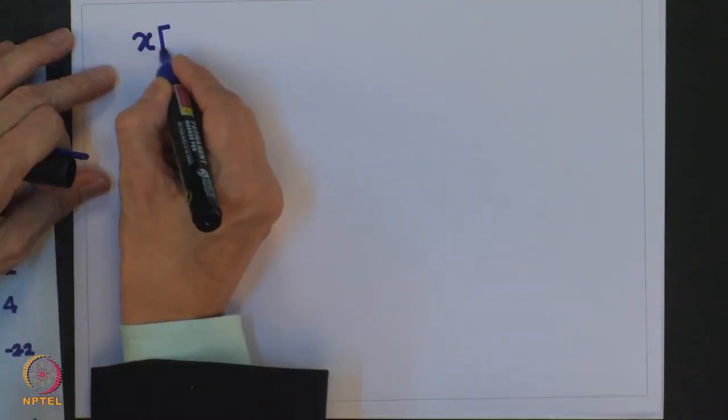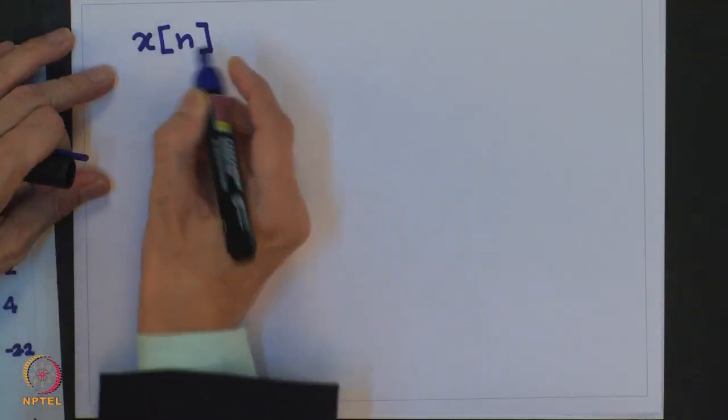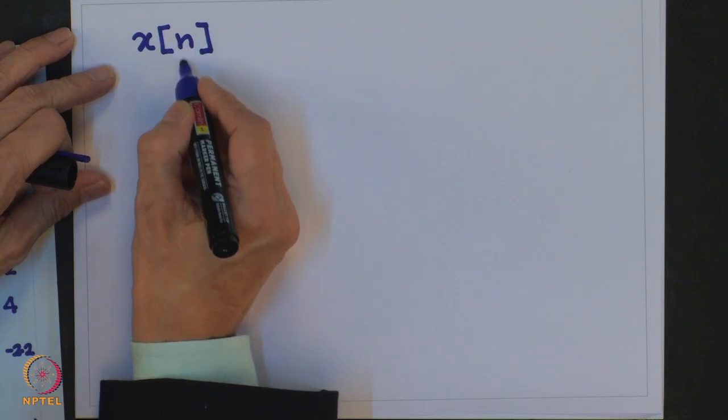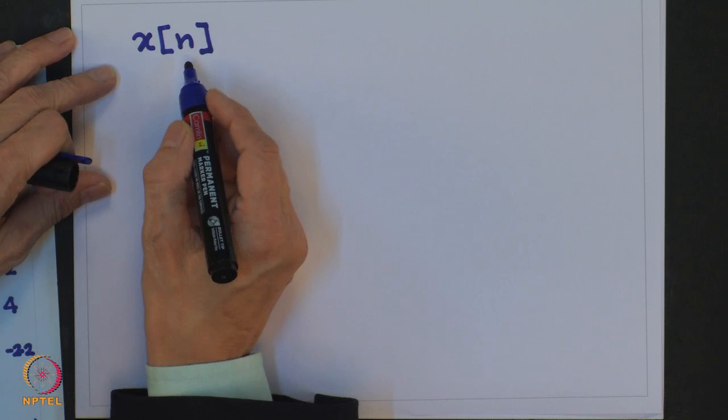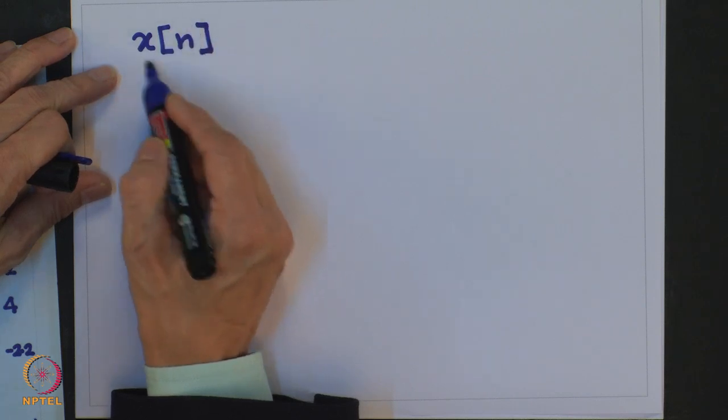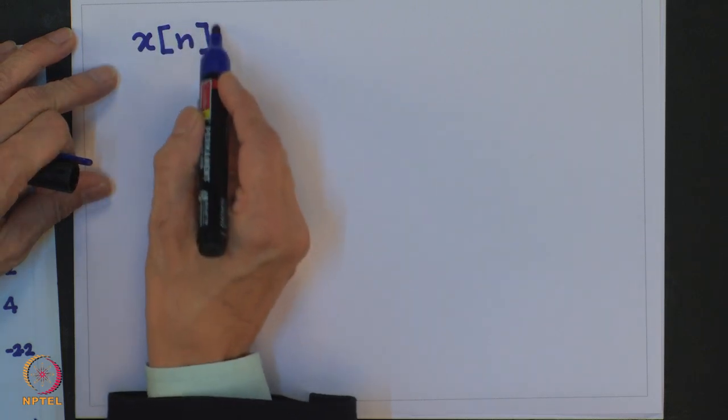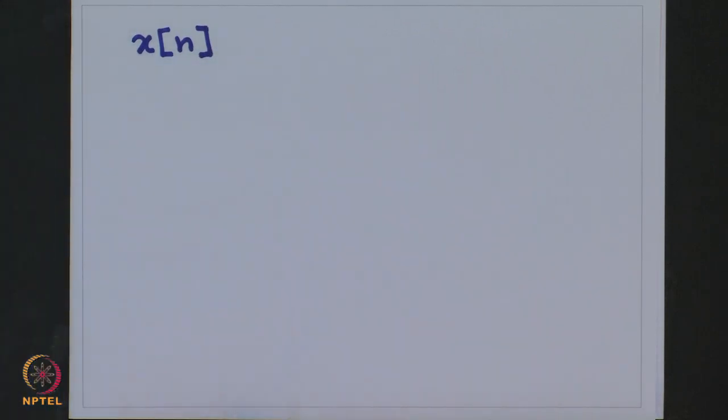So, in many sources of interest, the sampled source output, which we will represent as xn, where n denotes the time index, does not change a great deal from one sample to the next.